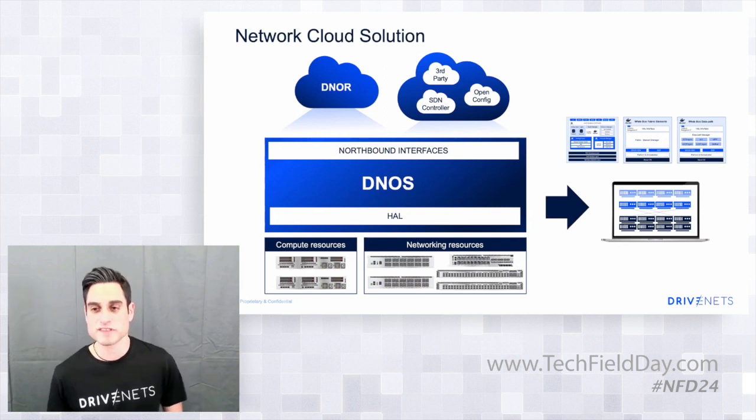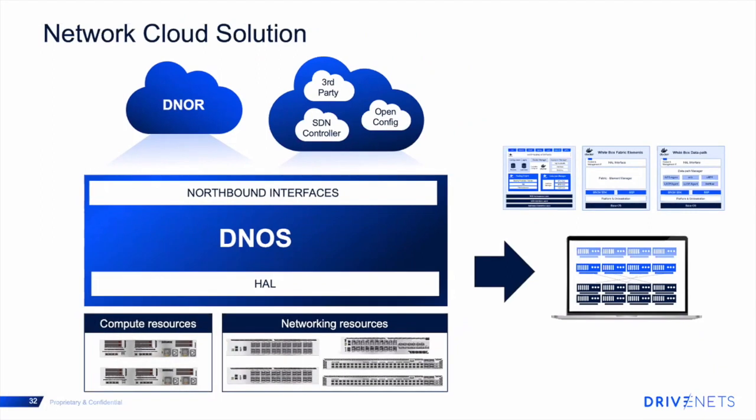Essentially, the DriveNets Network Operating System is much more than just doing the routing part and the management part. It's doing the virtualization part over both white boxes and servers. And of course, as Ron said, the DriveNets orchestrator knows how to utilize all of that, performance monitor all of that, and eventually put in the service on top of that, may it be the DriveNets one or anyone else.